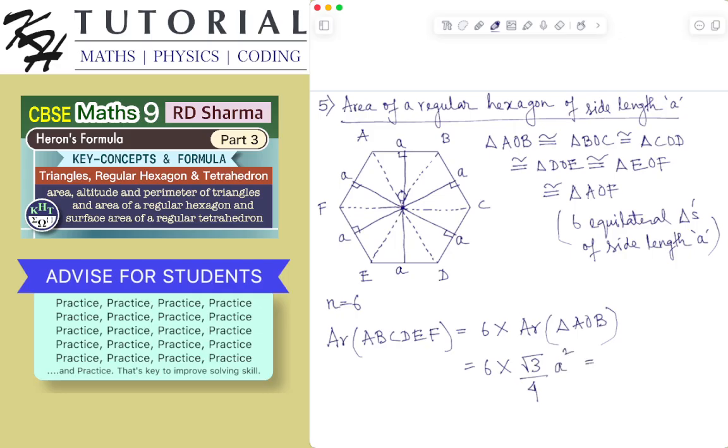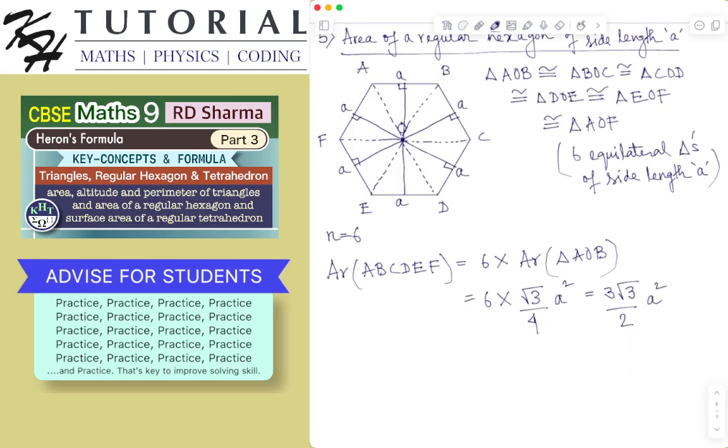So this becomes 3 multiplied by square root of 3 by 2 a square. So the area of a regular hexagon having length of each side equal to small a is equal to 3 multiplied by square root of 3 multiplied by a square, whole divided by 2.